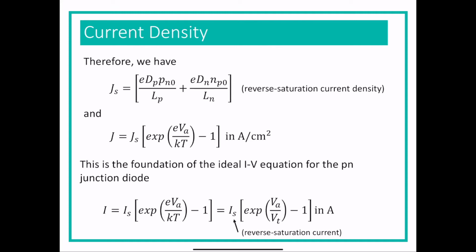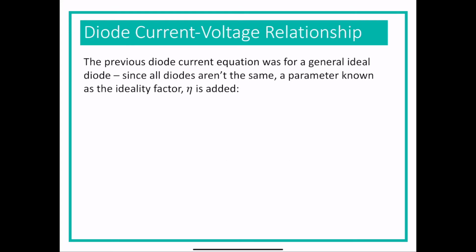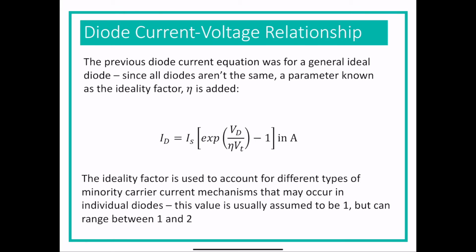It's a general one, and there's one more thing that gets added just to try to make it applicable to all diodes, because all diodes aren't the same. So what was added is something known as the ideality factor. And the ideality factor goes into the exponential, and it basically accounts for different types of minority carrier mechanisms that occur in different materials or individual diodes, depending on how they're made.